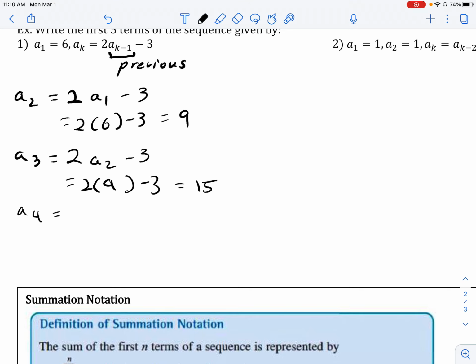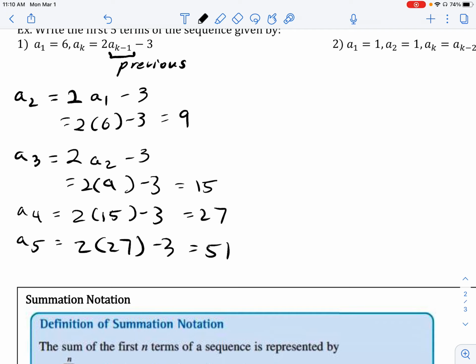That would be 15. A sub 4 would then be 2 times 15 minus 3, which is 27. And a sub 5 is equal to 2 times 27 minus 3, which is equal to 51. So I'm going to write out my answer as a sequence, as a good mathematician should. And there it is. There's our sequence here.